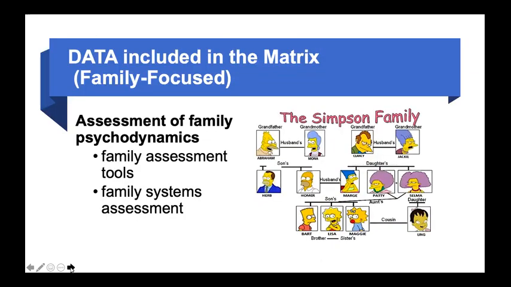So, what are the data that you would include in the matrix? You would now put essential data that would give you an idea of the psychodynamics of the patient. Because the psychodynamics would now either be a barrier or a resource for you.